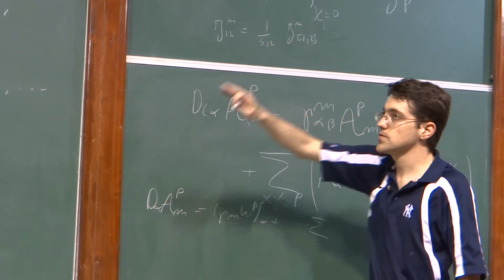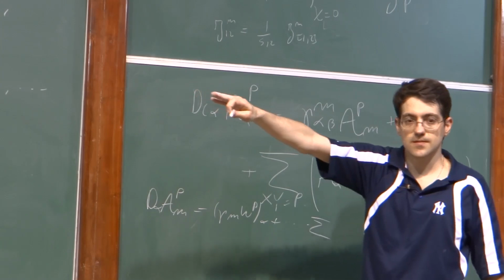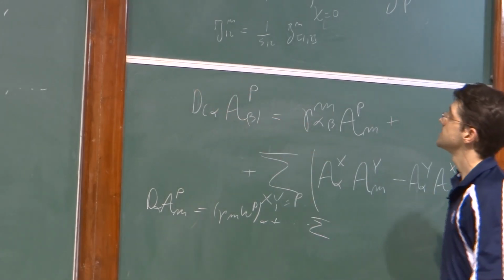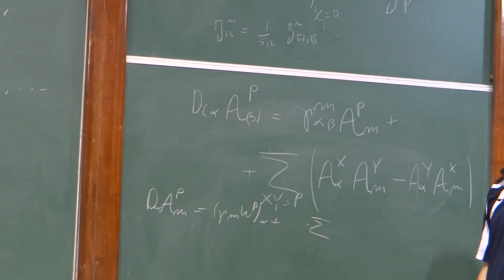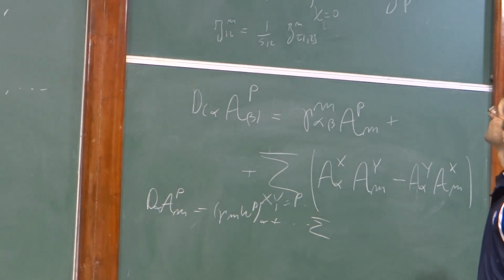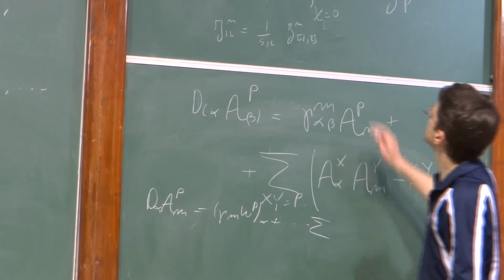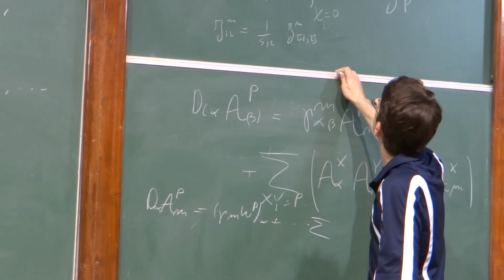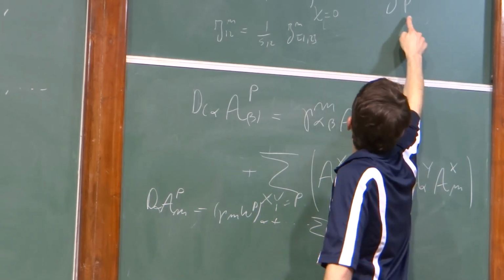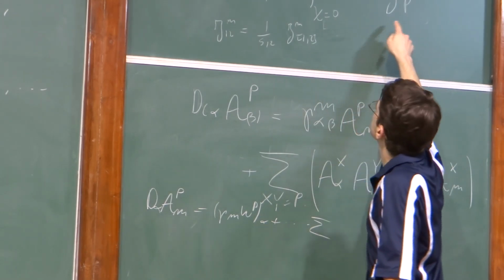And what is that A^P at theta equal to 0, which is equal to the current? That P is the multiparticle level.